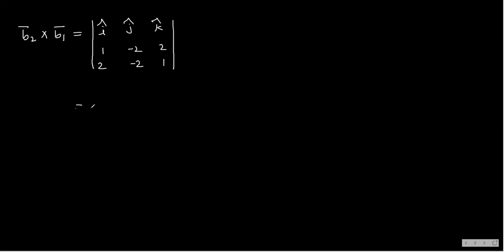So this will get me i cap into (-2 + 4). Minus 2 into 1 is minus 2, and minus 2 into 2 is minus 4, but we have to subtract this, so minus of minus 4 becomes plus 4. Then I have minus j cap, and I get (1 - 4), plus k cap, and I get here (-2 + 4).